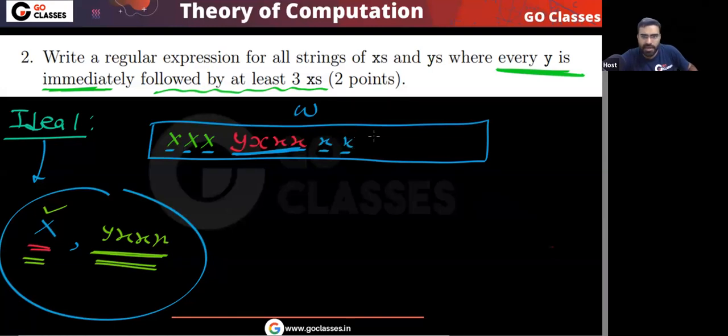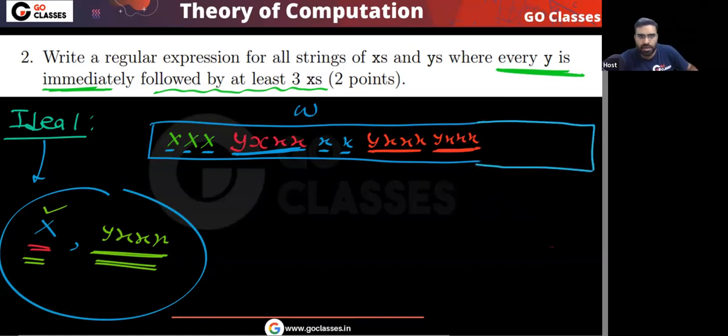Please understand, very simple idea, that these two people will keep repeating. You can easily notice.